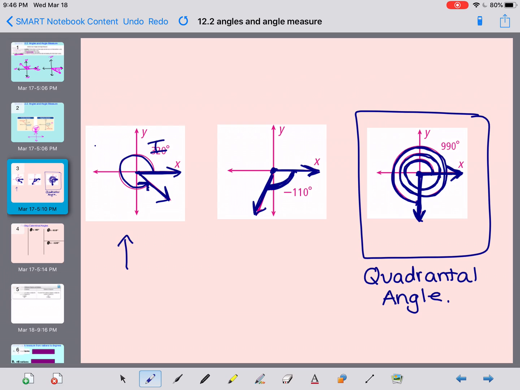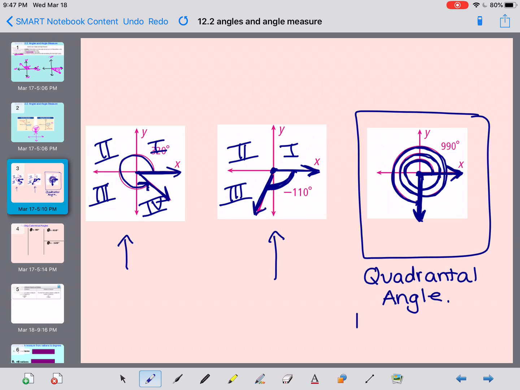This is quadrant 1, 2, 3, and this is quadrant 4. So the terminal side here is in quadrant 4. For the middle diagram, where is the terminal side, right? Quadrant 1, quadrant 2, it's in quadrant 3. But for the last diagram, if I ask you where is the terminal side? It's not really in a quadrant, right? It's on the axis. So therefore we call it a quadrantal angle.